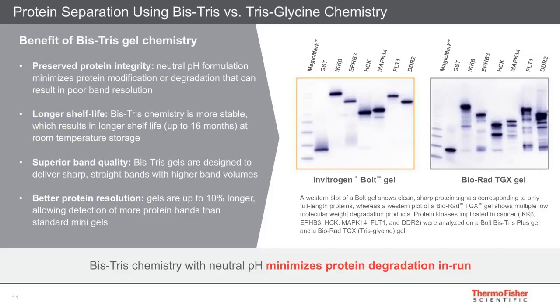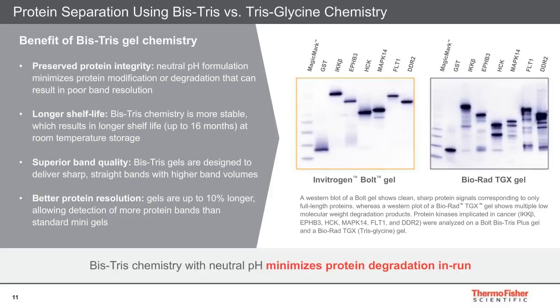This slide shows comparisons of the same samples, which have purified protein kinases implicated in cancers, loaded on Invitrogen Bolt Bis-Tris Wedge-Well gels and Bio-Rad Tris-Glycine TGX gels.